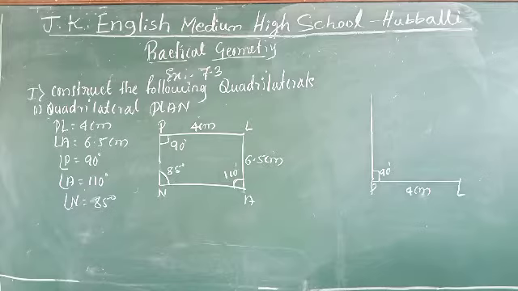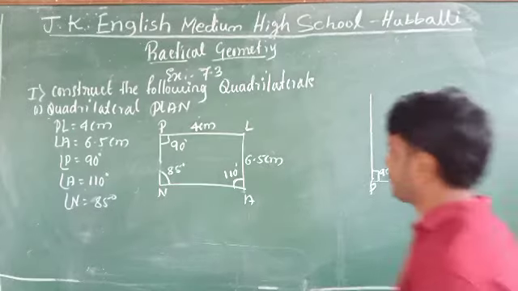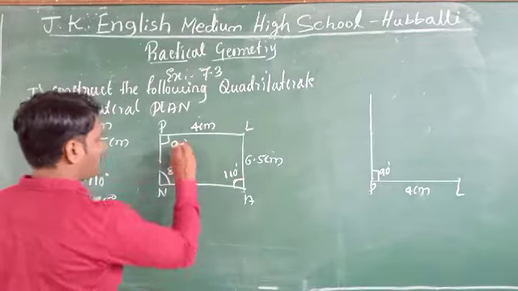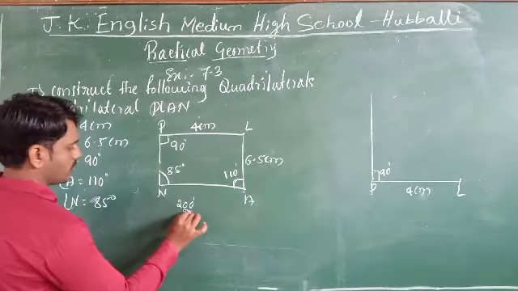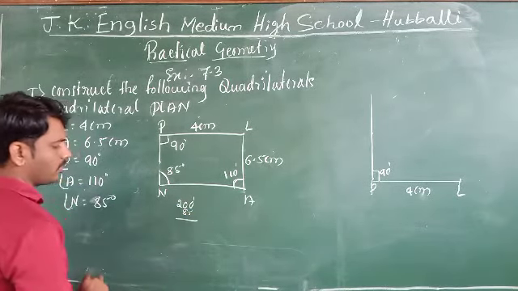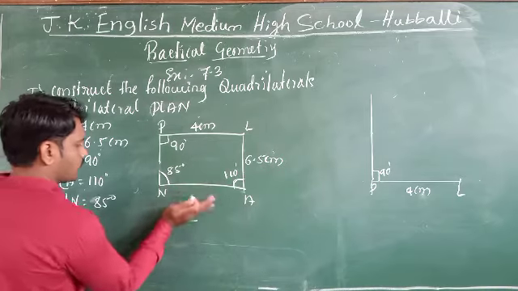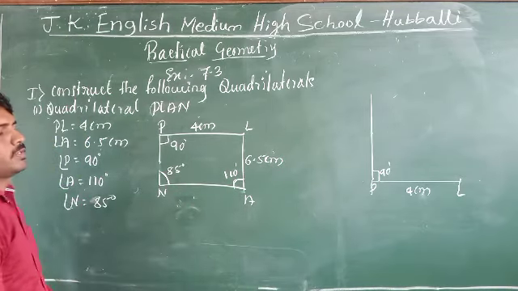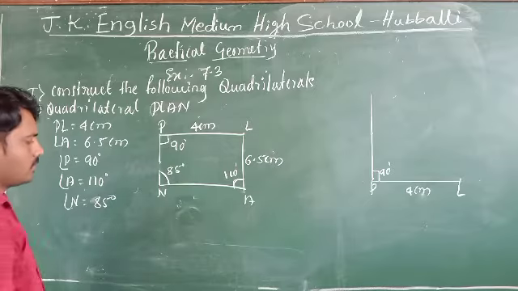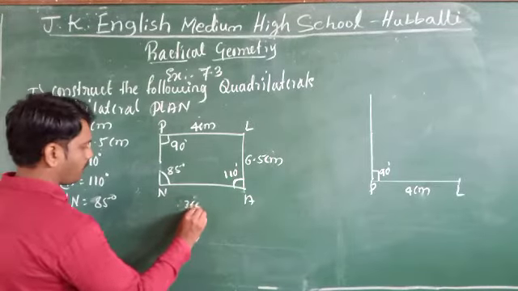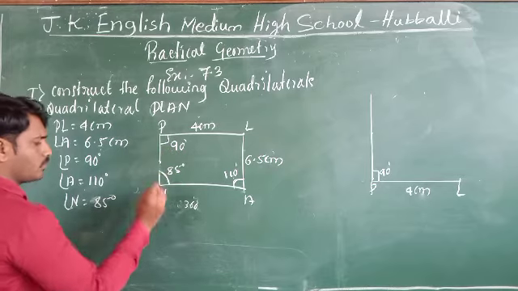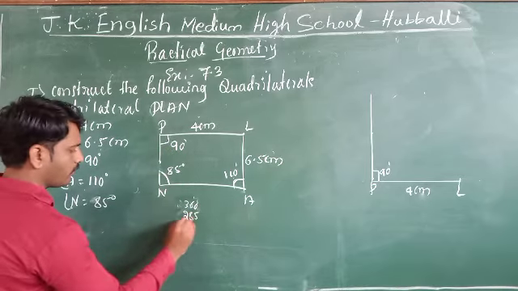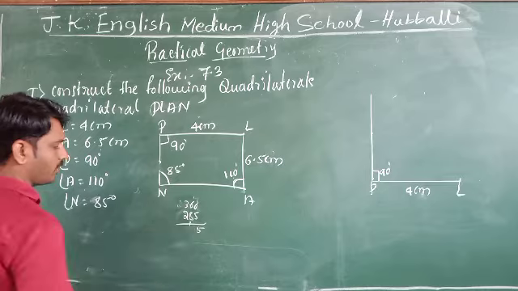So let us consider this one. 110 plus 90, 200, plus 85, 285, correct? So 285. 360 minus 285.